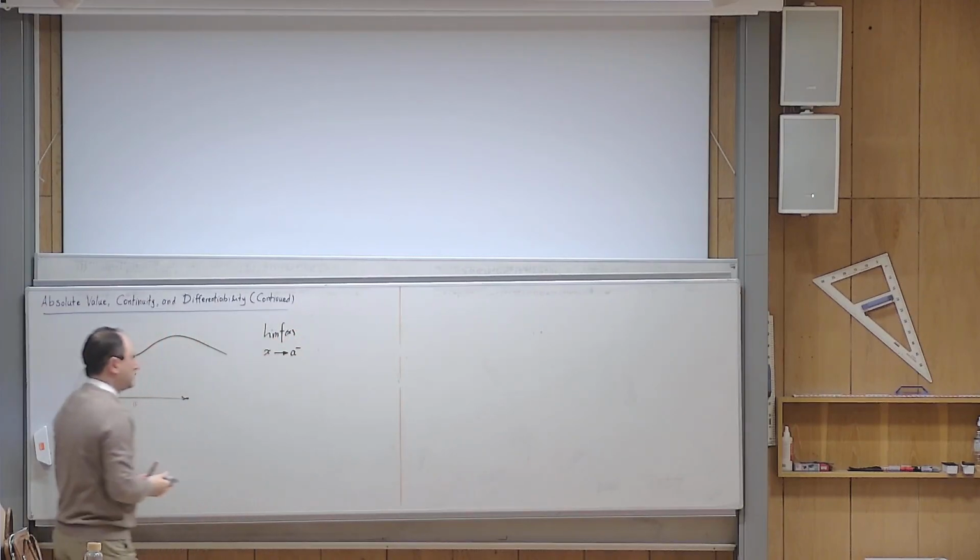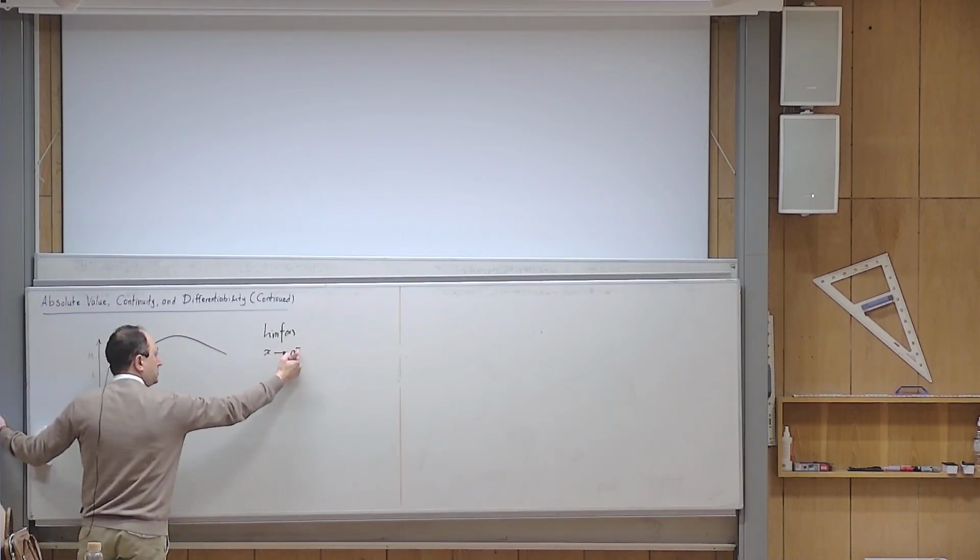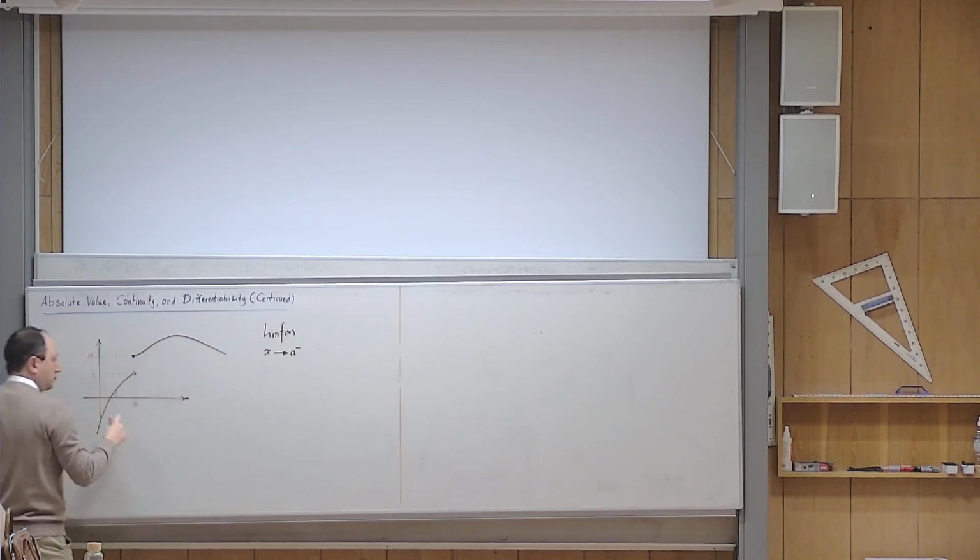if you want to answer that question using this diagram, it means that you start somewhere close to a, but this negative sign, you remember, means that I am on the left-hand side of a. So I am on the left-hand side and I am getting closer and closer to a and trying to see what is happening to the height of my graph. So these lengths are getting closer and closer to which number?